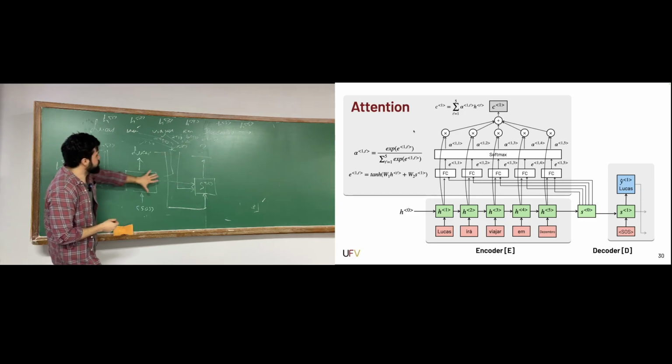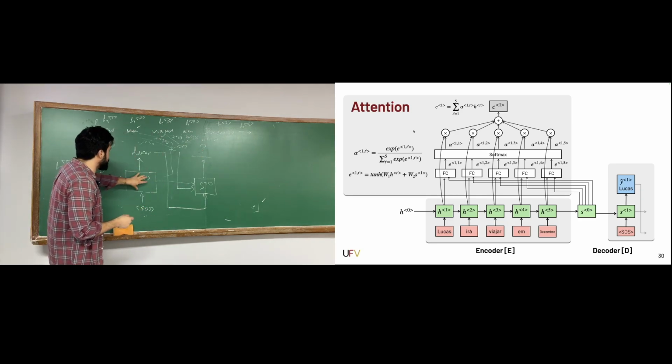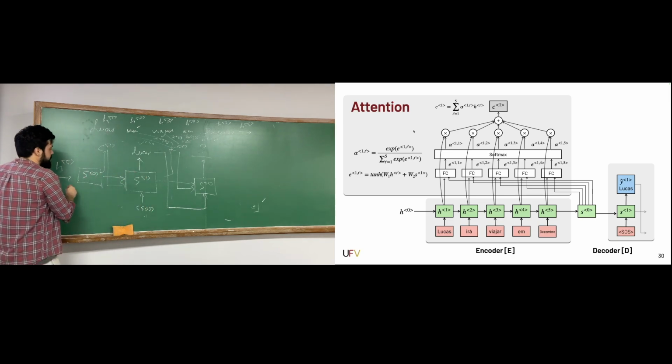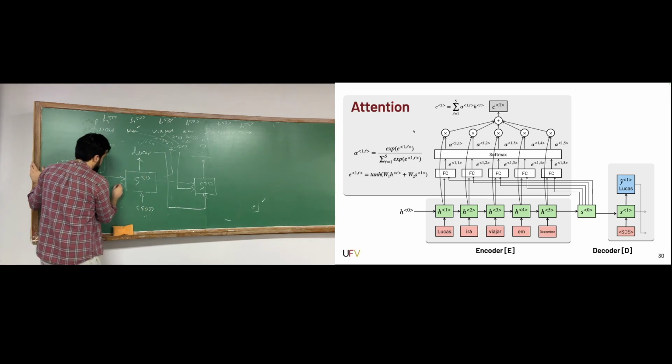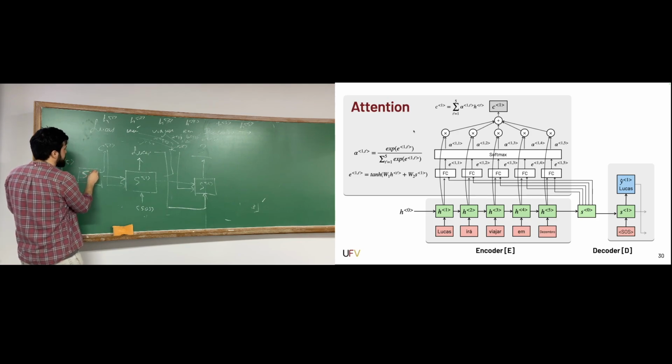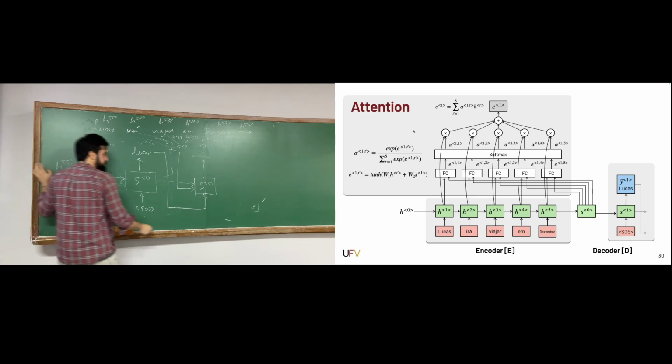So I already produced S1, this is one time step, done, right? Produced S1, so the flow is from left to right, right? So I start here, I go up here, let me use a different color maybe.